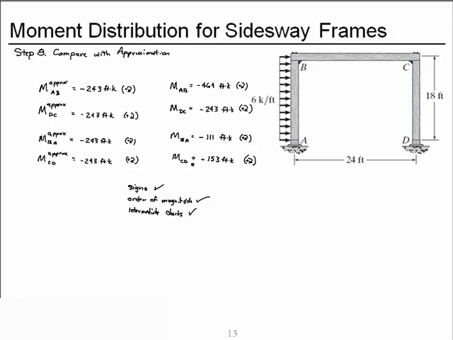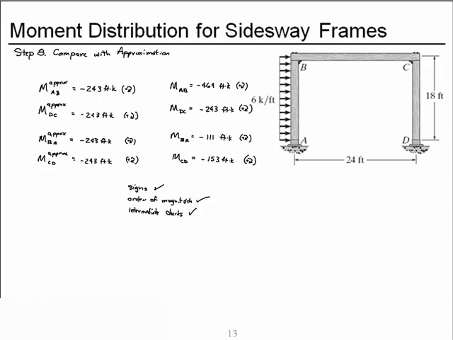So I would say these are reasonable results based on all of the things considered. The difference in magnitudes is explainable by potential deviation of the location of the inflection point from our assumption. If you're still not convinced, one option is use another analysis method for this frame and then compare results again. Another analysis method you could use is direct stiffness, which we cover in a future chapter.